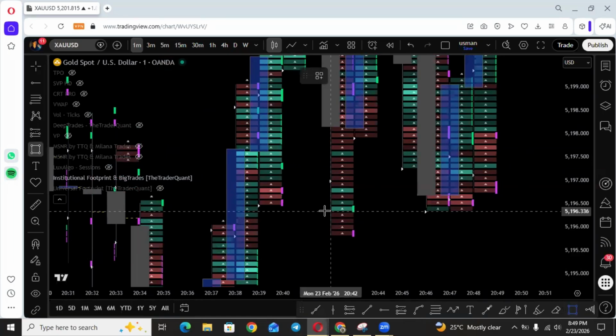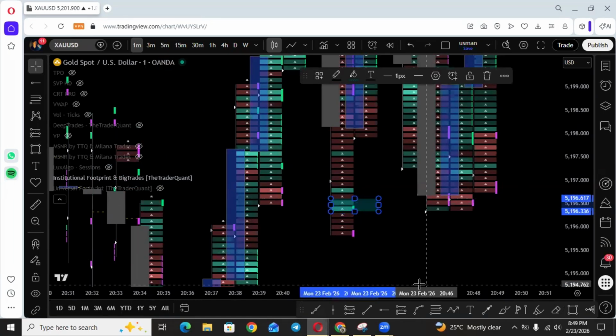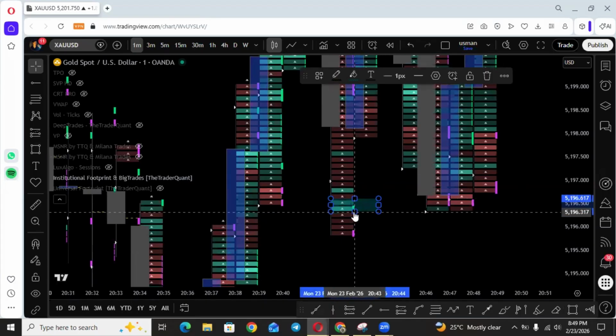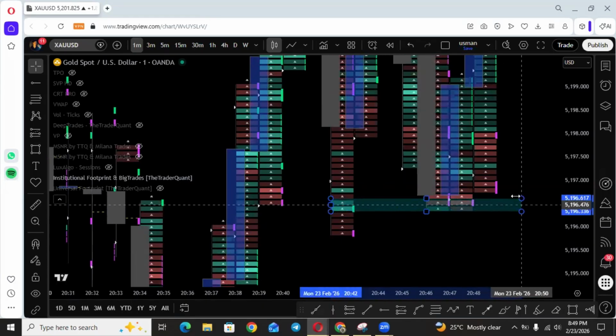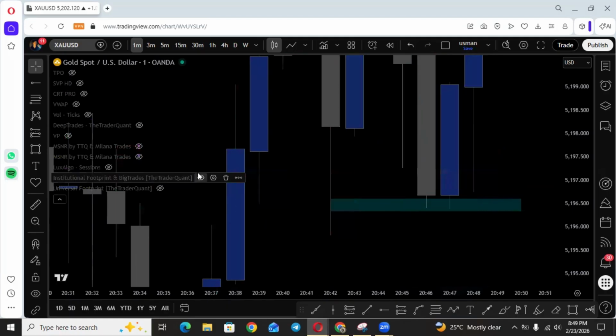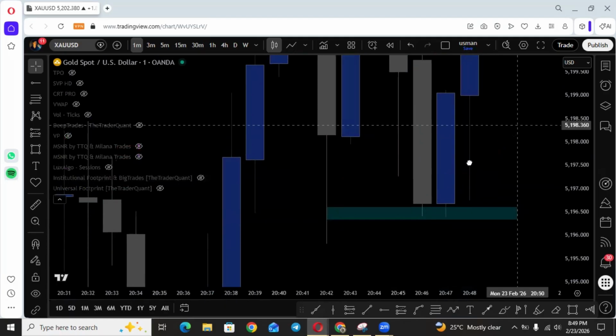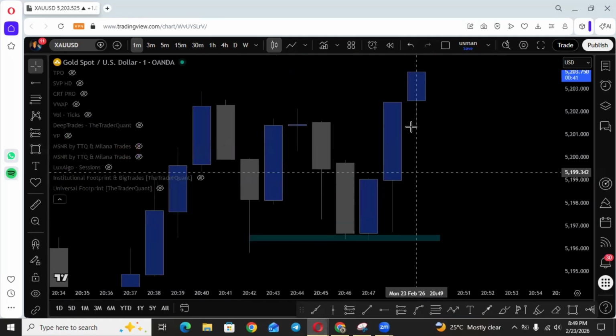If you see, we have imbalance at this point. We know this by the color, and what the market did in this area. If I turn this off, the market came into this area and showed buying aggression.